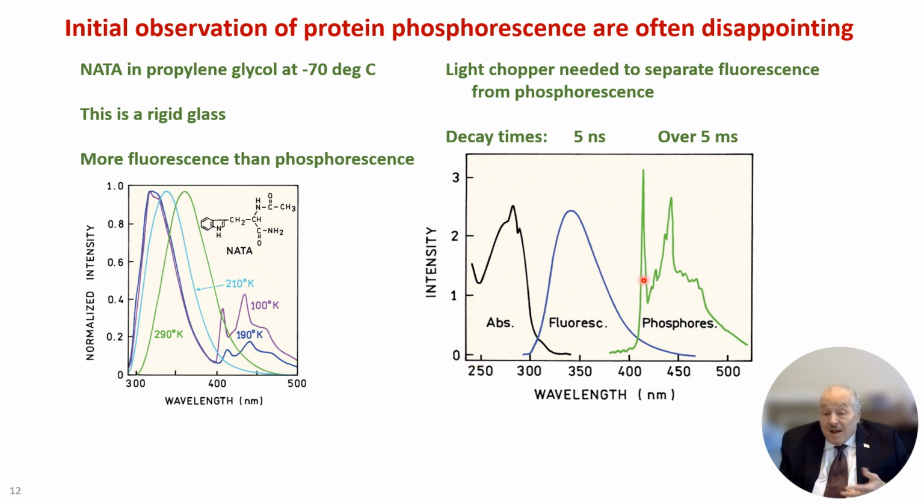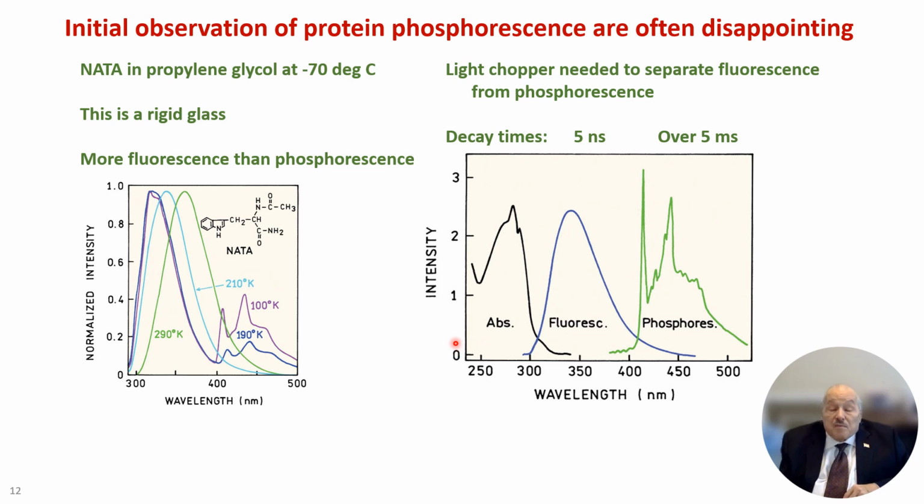More often than not, the fluorescence is greater than the phosphorescence. So there's an example here of NATA, and depending on the temperature that you look at, you see more or less of the dominant fluorescence and the difficult to see phosphorescence.